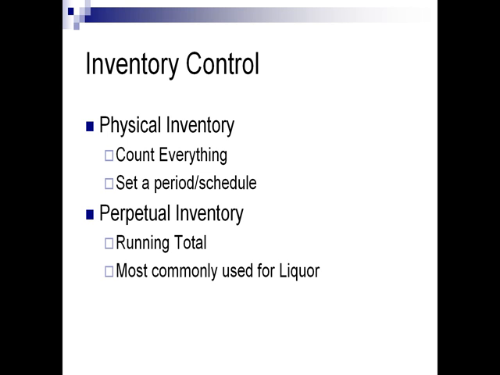Perpetual inventory is kind of a running total. The way that perpetual inventory would work, it's most commonly used for liquor, so I'll use the example of a liquor closet. In our liquor closet, we keep all of our bottles of spirits, all of our wines that are at room temperature.